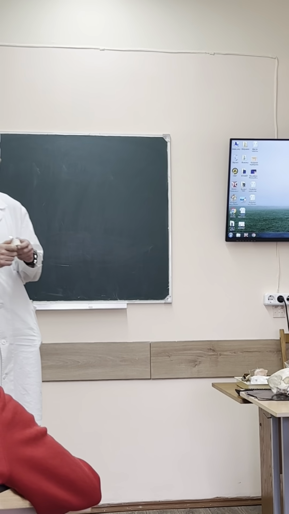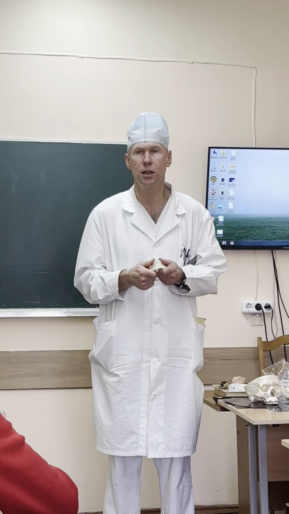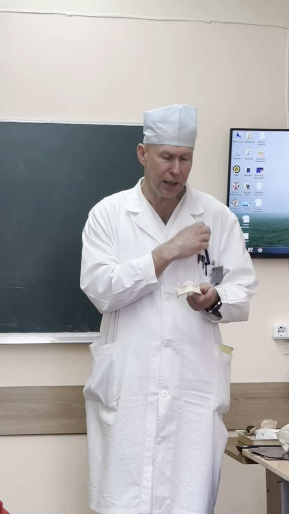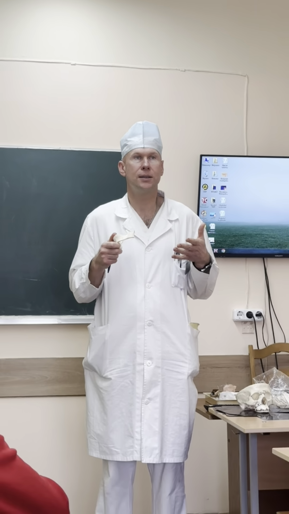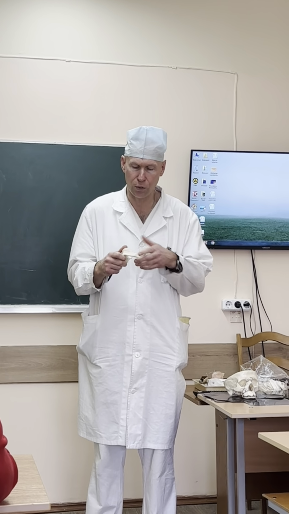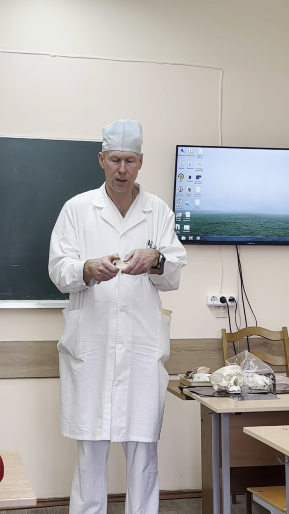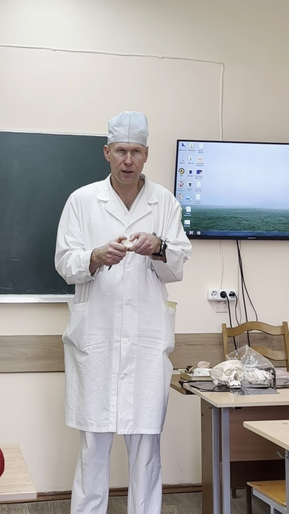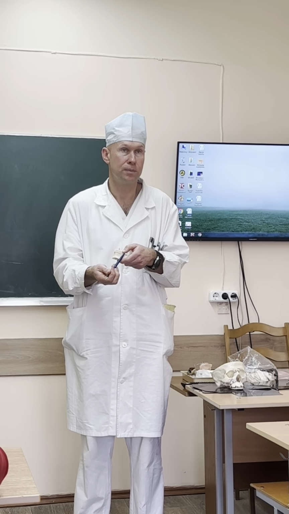What are the objective symptoms? The main objective symptom: pathological mobility. What does it mean, pathological mobility? Mobility in a place, for example, here or here, where this mobility cannot be present in a normal situation. For example, a fracture here. We can take the mandible and very carefully shift it up, down, and we can see the mobility here.